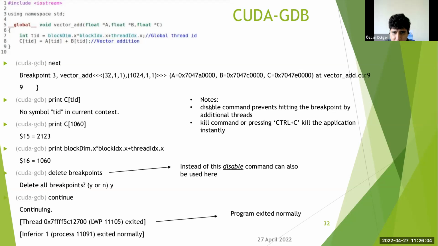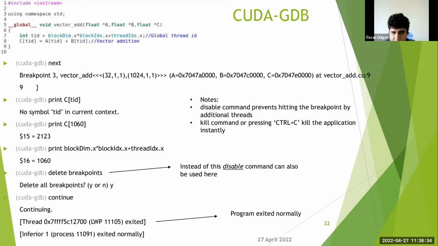There are notes here. A disable command prevents additional threads from hitting the breakpoint. So all of the threads are trying to hit the breakpoints, and we can only manage the current focus one, right? And we can switch the focus and access another thread, and then the following threads will hit the breakpoints and so on.